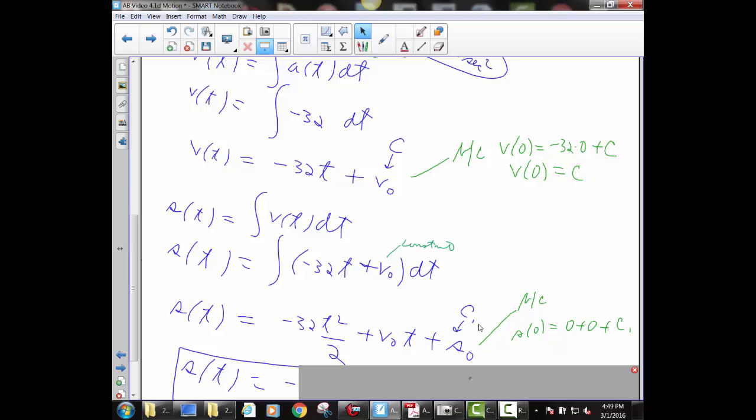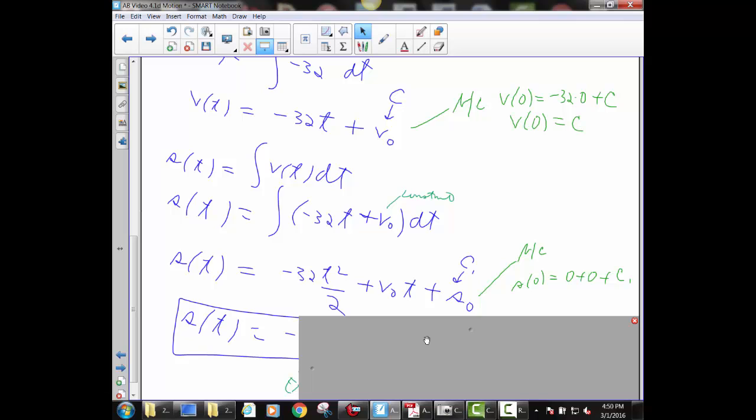The reason we call that constant S0 is that at time equals 0, we would have negative 32 times 0 squared over 2, which is 0, plus v0 times 0, which is 0, and then we would have this constant c1. That constant c1 is equal to the position at time 0, which we call S0.